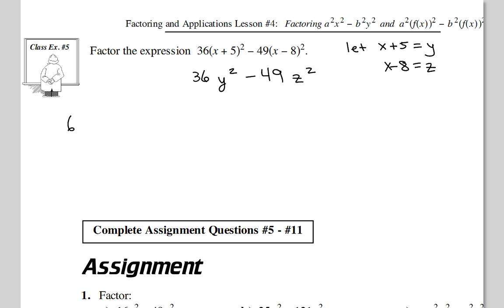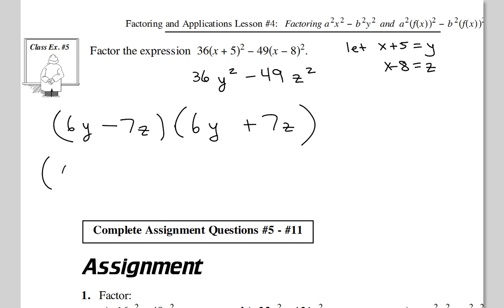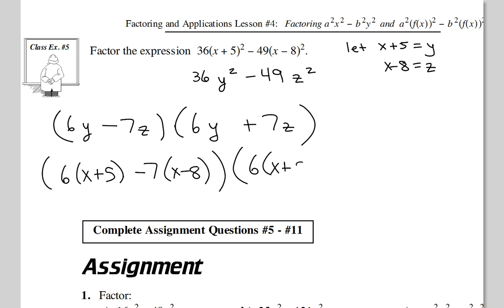Okay, let's go here. 6y minus 7z. 6y plus 7z. Resub back in. We got 6x plus 5 minus 7x minus 8. 6x plus 5 plus 7x minus 8.